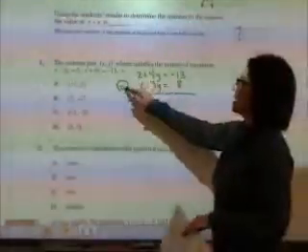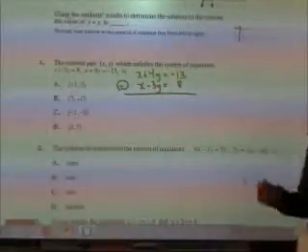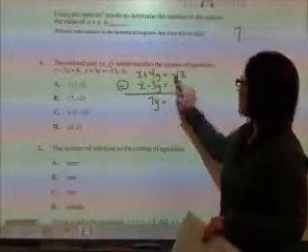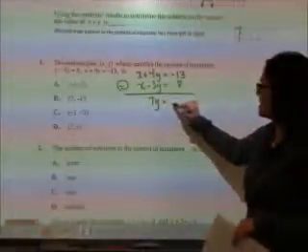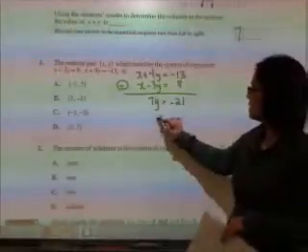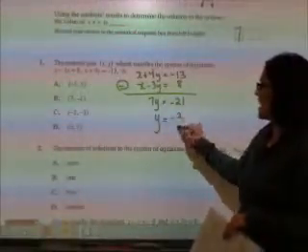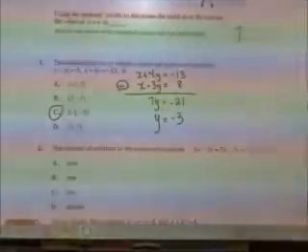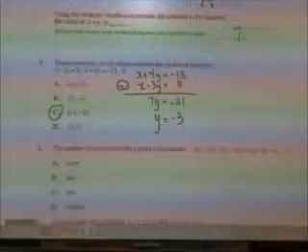I get x minus x is 0, so that's gone. 4 minus -3 is 7. And -13 minus 8 is -21. So I get y equals -3. C has to be the choice because it's the only one that has y equals -3.